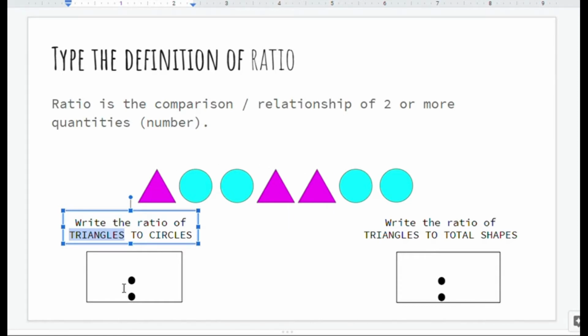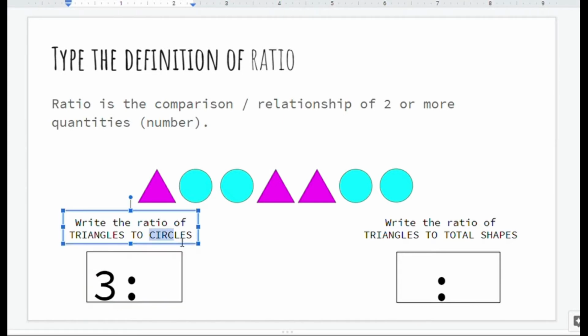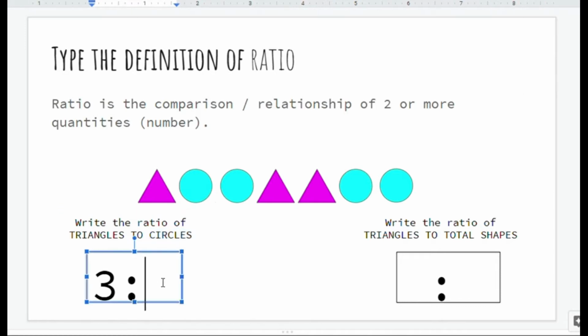So I am going to replace my first number on one side of my colon with a 3. The second number they're asking me for is how many circles are in this diagram? 1, 2, 3, 4. So I'm going to replace this number with a 4. And now I can read this ratio as the ratio of triangles to circles is 3 to 4.